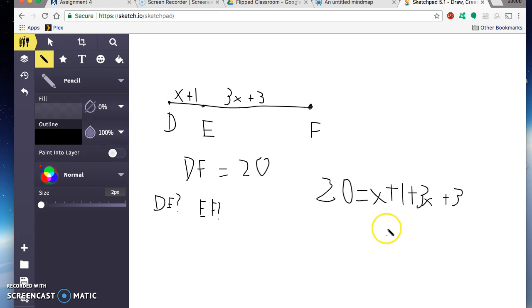So, if we're still trying to find the length of DE and EF, we're going to have to solve for x. So, combine like terms: we have two x terms here and two number terms here. x plus 3x I know is going to be 4x, and 1 plus 3 is obviously going to be 4. That equals 20.